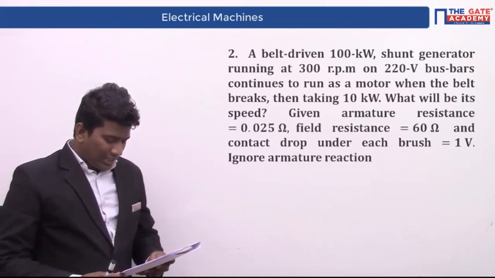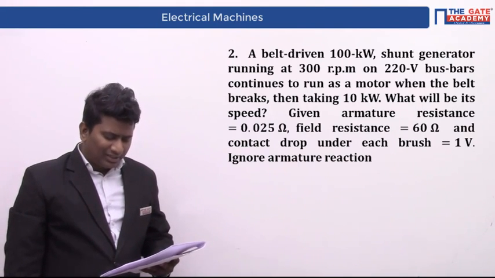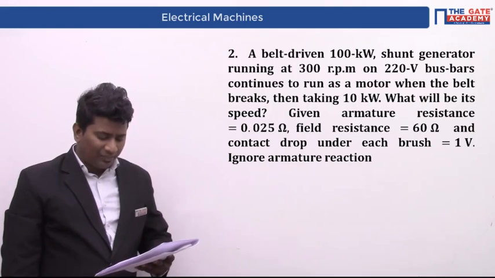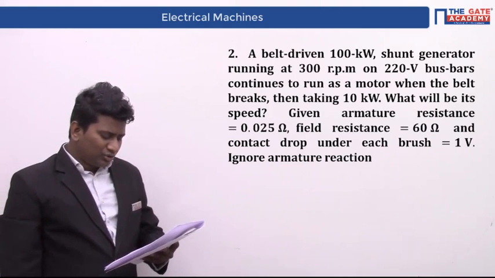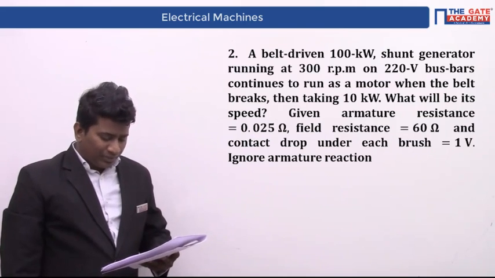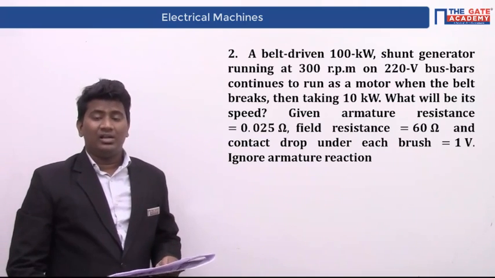Let us see the next question, what they are asking. The question is as follows. A belt-driven 100 kilowatt shunt generator running at a speed of 300 RPM on 220 volts bus bars continues to run as a motor when the belt breaks. It means initially it is running as a generator.